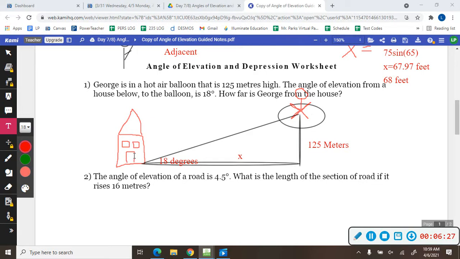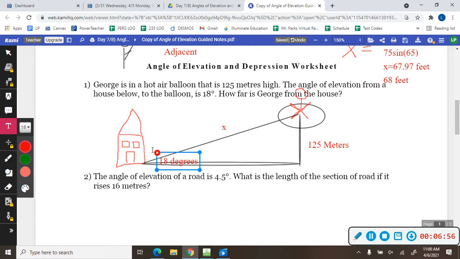I know it's kind of hard. They don't technically say. But when you want to know how far someone is, I would probably say that's the length on the ground. So let's say we want to know how far is George from the house. If George was down here, that's how far he is from the house. But George is actually up here, so how far is he from the house? Really, that should be my x.